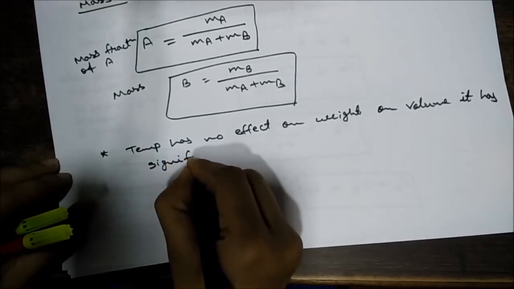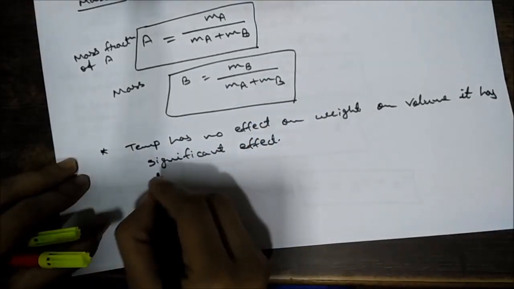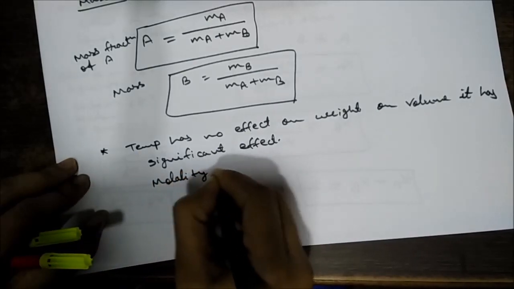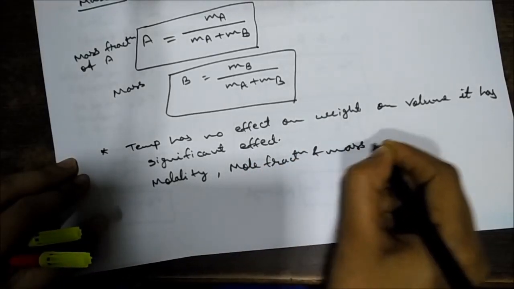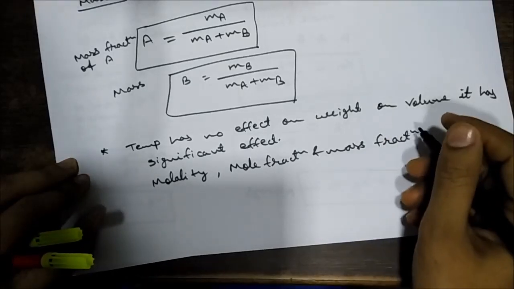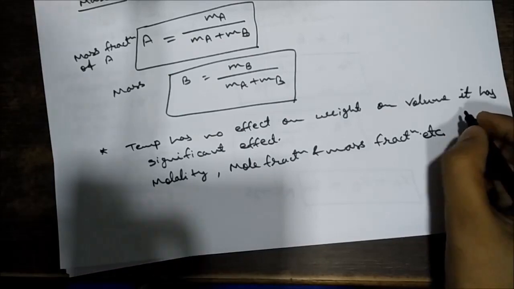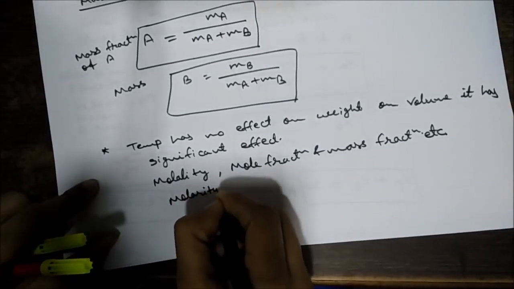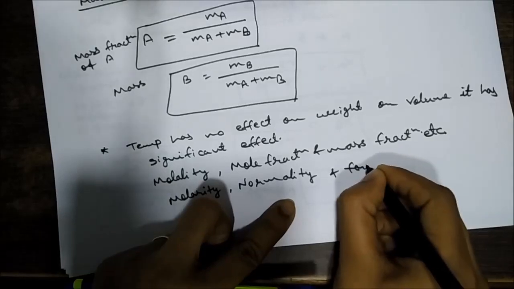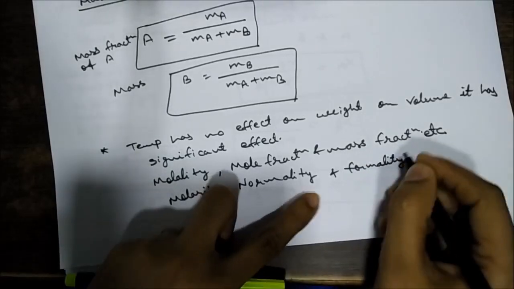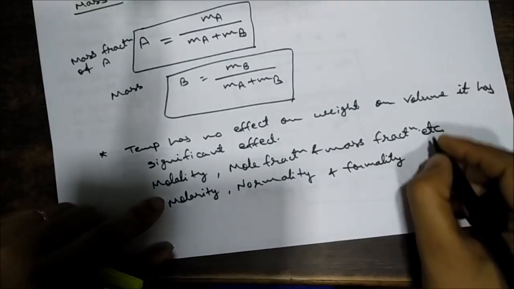So molality, mole fraction and mass fraction are preferred to molarity, normality and formality, because the former involve the weight of the solute and solvent, and the latter involve the volume.